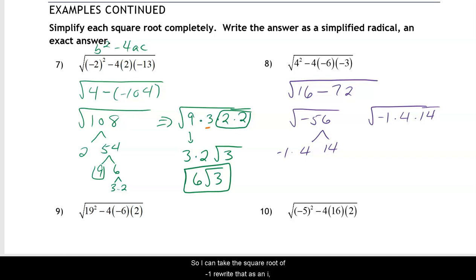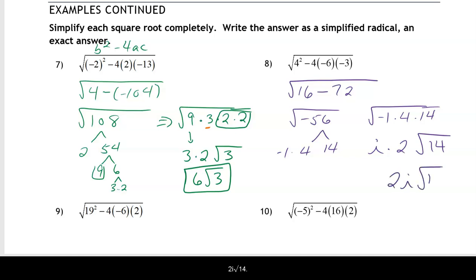So I can take the square root of negative 1, rewrite that as an i for our imaginary number. Square root of 4 would be 2. And we can't take the square root of 14 or simplify that, so that would be 14 inside there. So my final answer would be 2i square root 14.